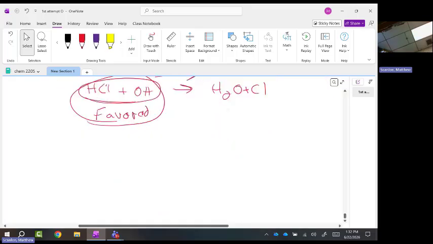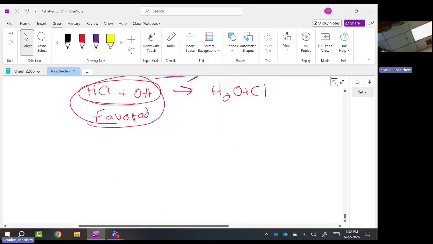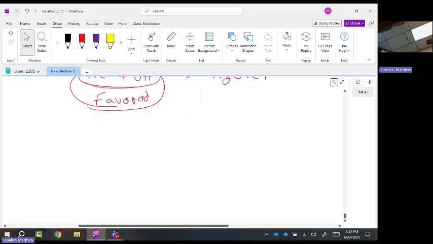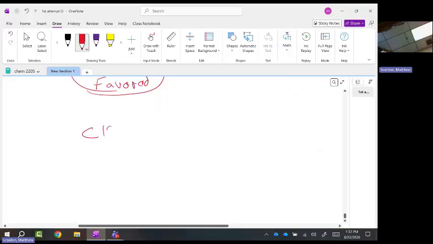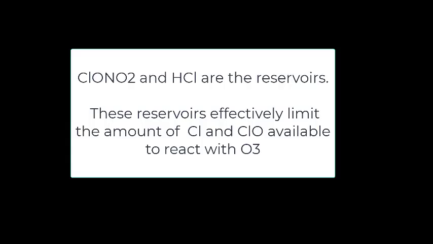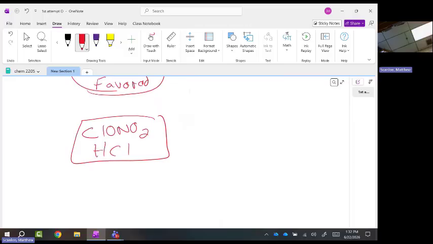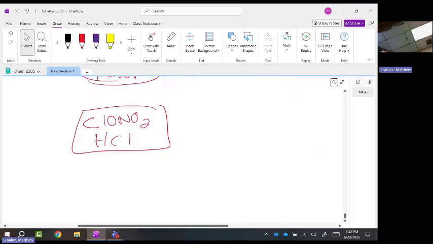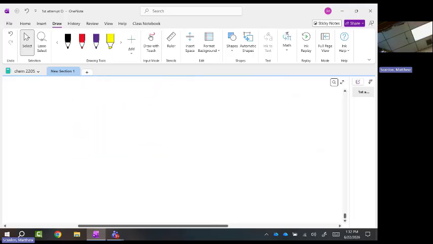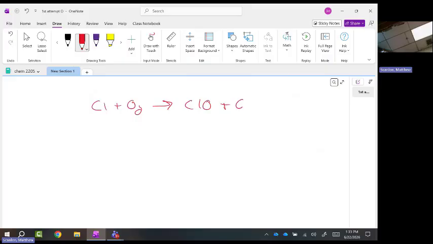So we have a series of reactions that favor these reservoirs. ClONO2 and HCl act as reservoirs for chlorine, and there's a nice little diagram shown in your book. So you have Cl plus O3 gives you ClO plus O2.